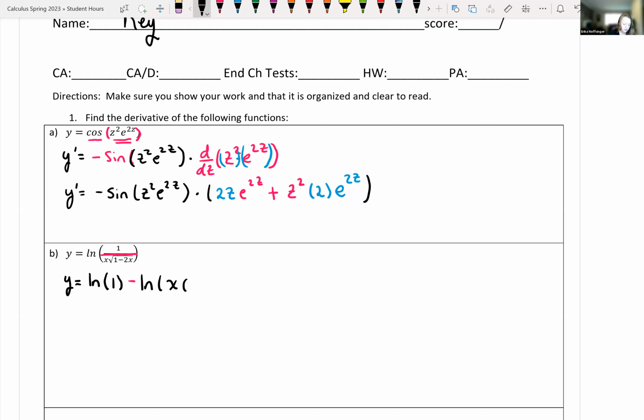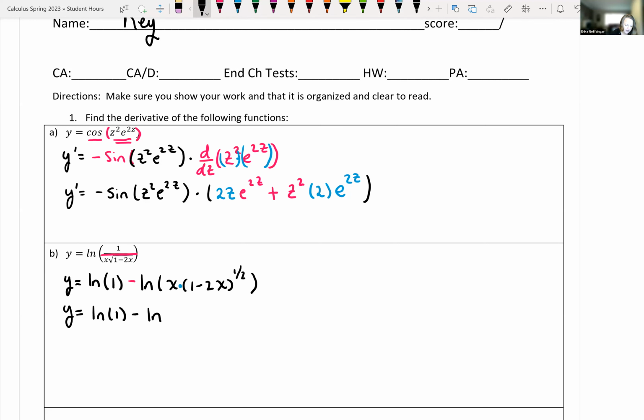So rewriting the square root of 1 minus 2x, I have 1 minus 2x, and that 1 minus 2x is raised to the 1/2 power. So now notice that we can rewrite this a little more, because that second piece, what we subtracted off, the denominator, has a multiplication in between. And so when we have a natural log of multiplication, we're going to rewrite that as addition.